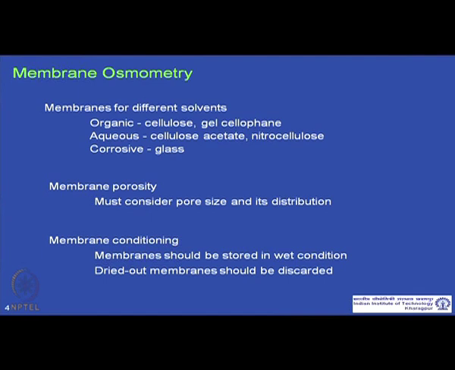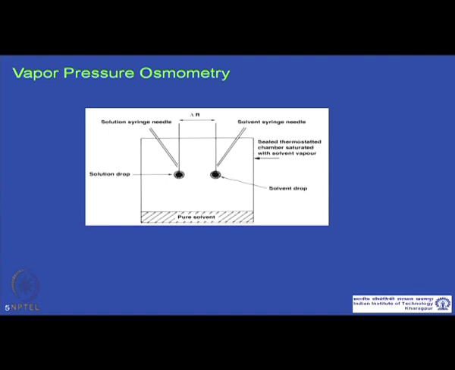Okay, with this let us move on to the next technique of determining number average molecular weight, vapor pressure osmometry. In this method, there are two thermistors which are capable of determining temperature differences as low as 10 to the power minus 4 Kelvin.